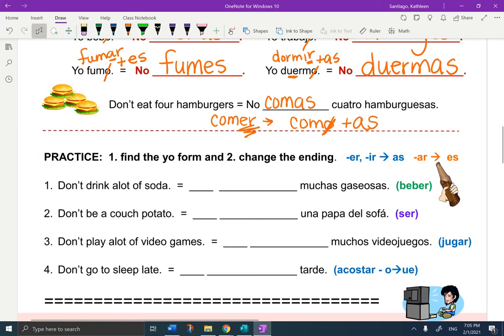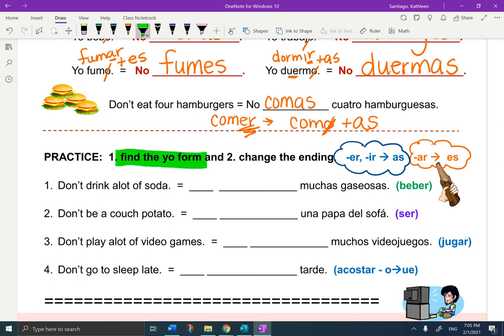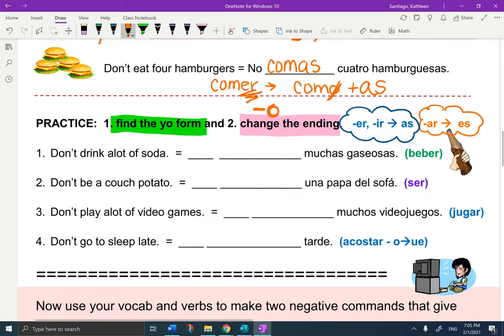Okay, I put a little key here, right? ARs go to ES. ER and IRs go to AS. But you've got to find first the yo form and then change the ending by chopping off the O. Okay, I'm going to put that up here. Subtract the O.